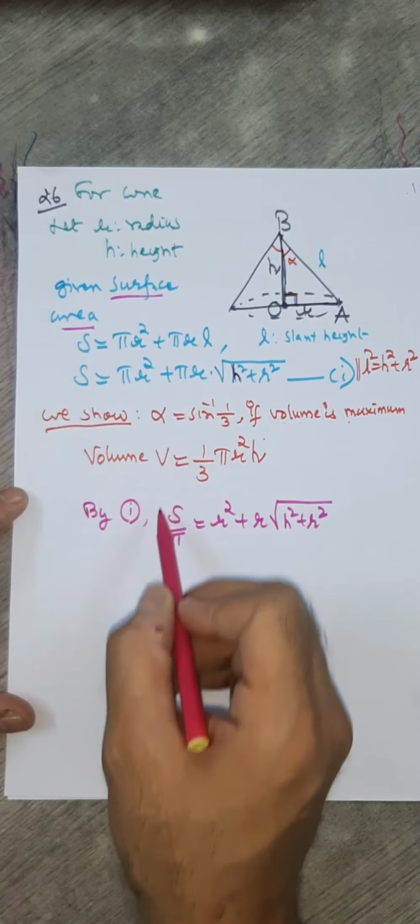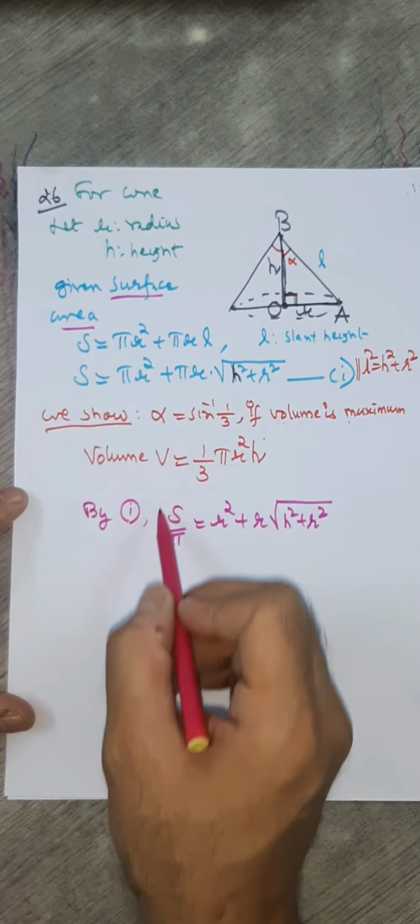You can just call it one constant here. Pi is constant, S is given, which means it's fixed. Now we square it and we'll simplify. c minus r squared, the whole square, equals r squared into h squared plus r squared. Fine, we're just simplifying.